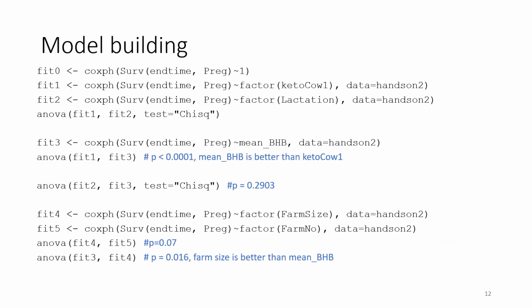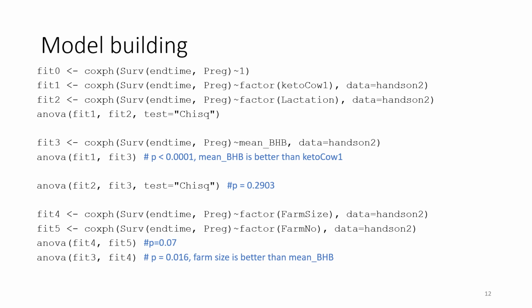So I decided to use the Cox proportional hazard regression to see whether the open days are influenced by explanatory variables. In the first model, I used whether the cow is ketotic or not, a dichotomous variable. And in the third model, I use the mean milk BHB as a number.